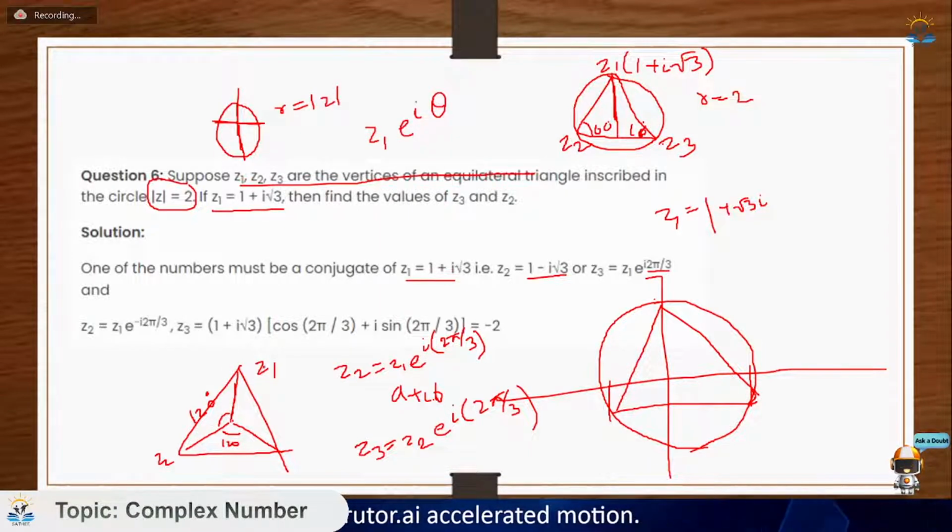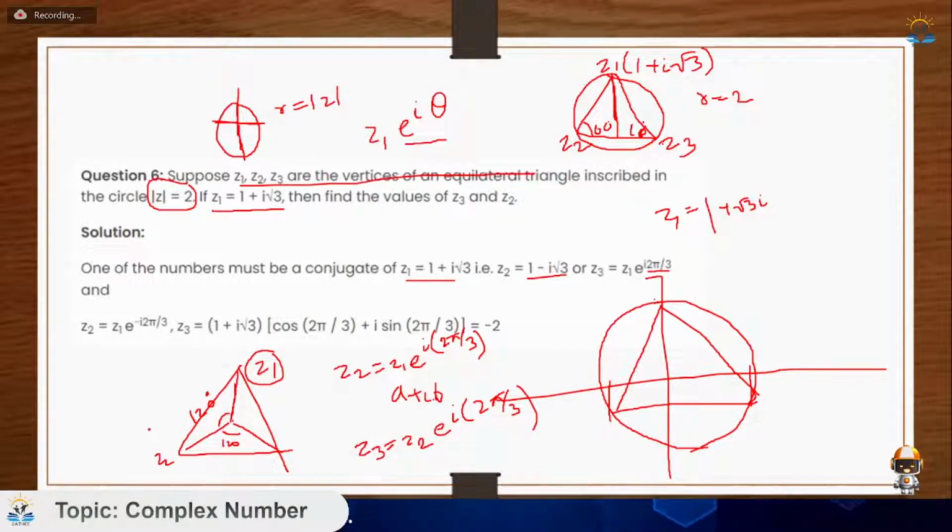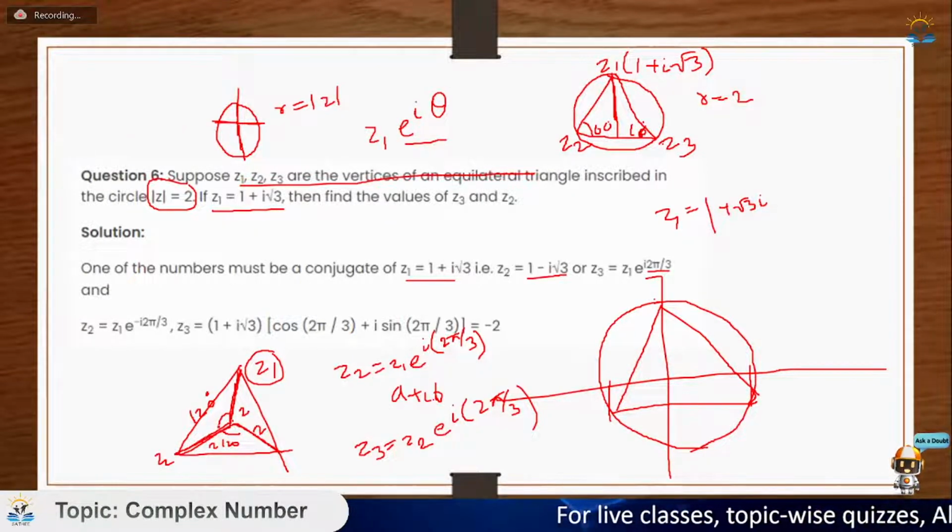So if you know one complex number, you can easily calculate the other two by multiplying by e power iota theta. Since this is on mod z equal to 2, this is also equal to 2, this is also equal to 2. This was given just to tell me that the length is the same in each of the three cases. So I have to just rotate the complex number by 120 degrees in each case.